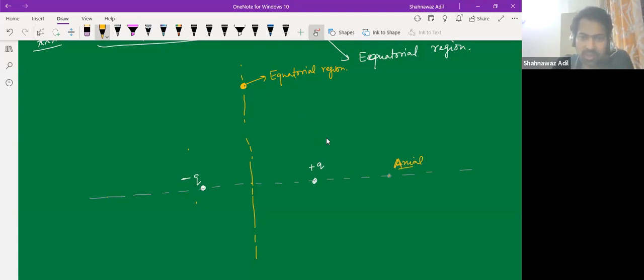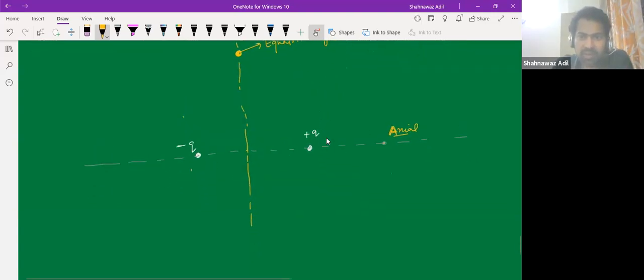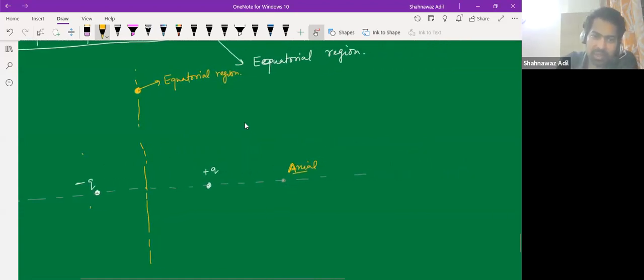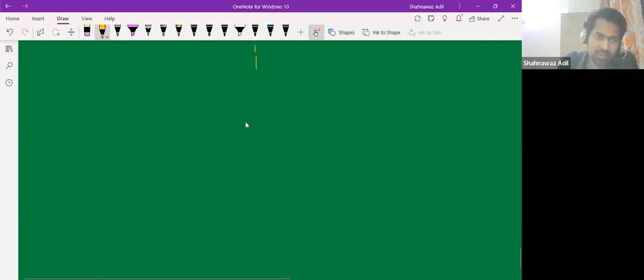So what we will do is let us try to find out the electric field at the axial point. Case first is the axial point.